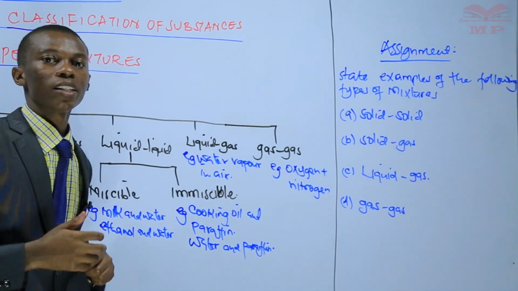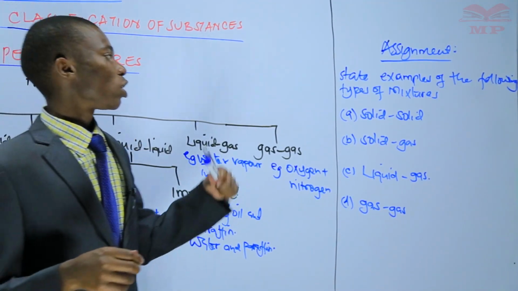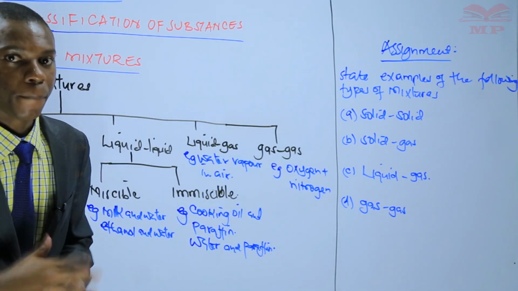You can state as many examples as possible of the following types of mixtures: solid, solid gas, liquid gas, and gas mixtures.